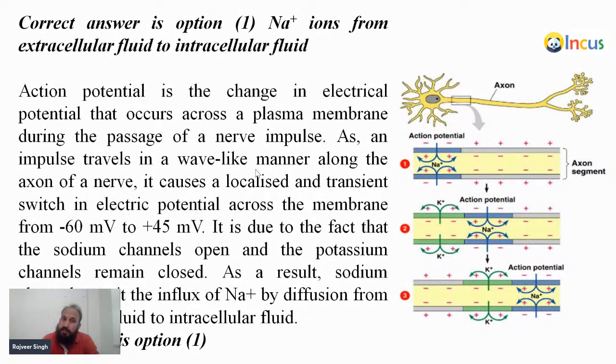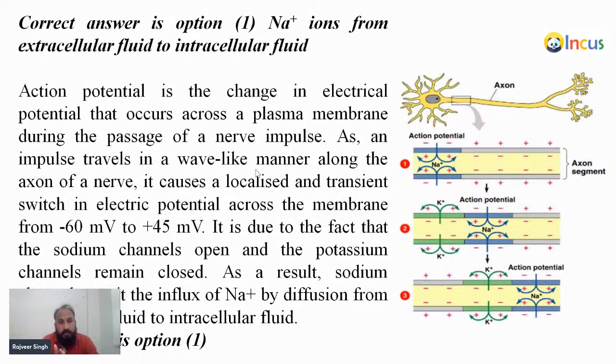So action potential is the change in the electrical potential that occurs in a plasma membrane during the passage of the nerve impulse. Is it right? As an impulse travels in a wave-like manner along the axon of a nerve, it causes a localized and transient switch in electrical potential across the membrane.